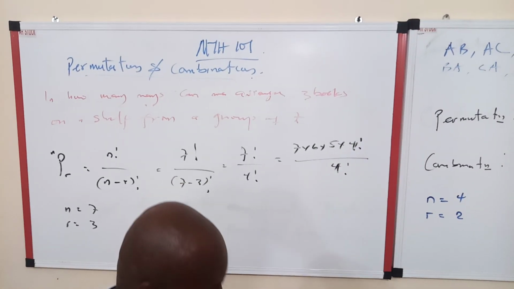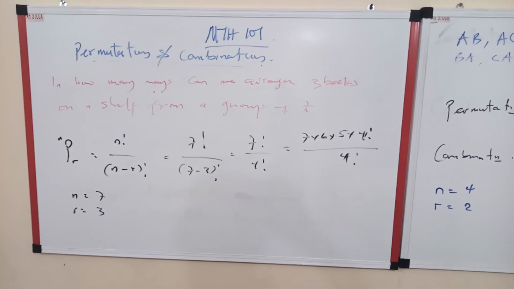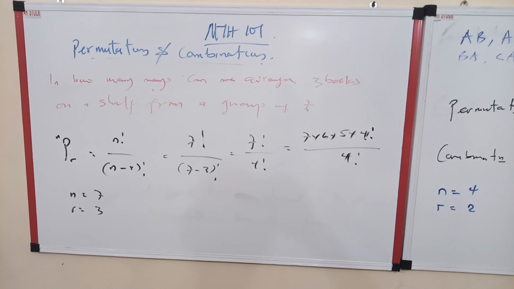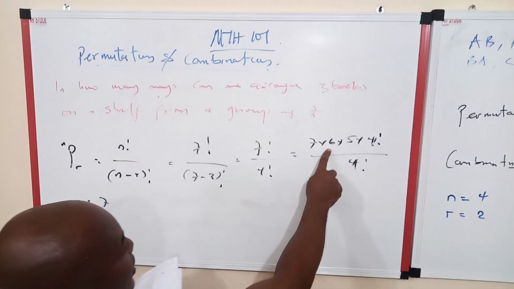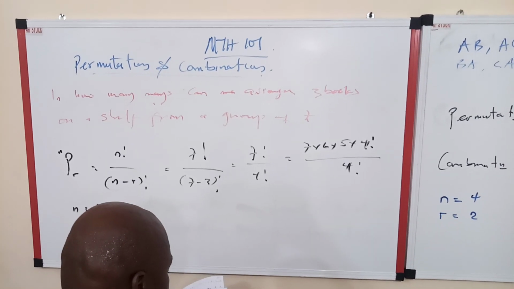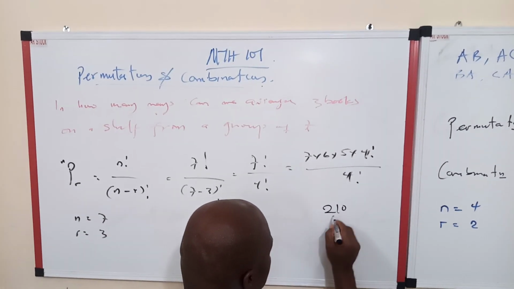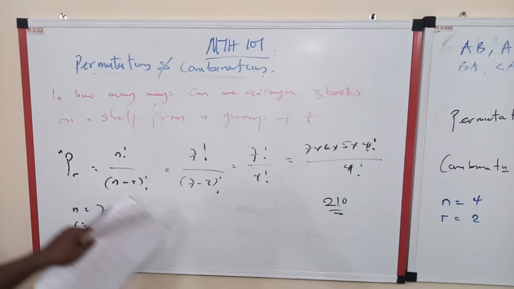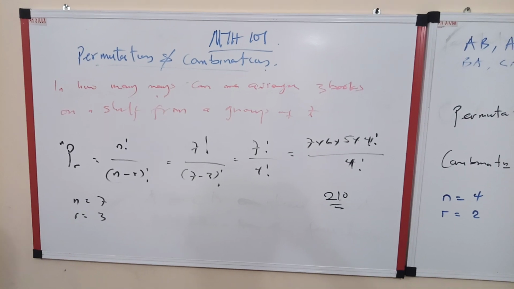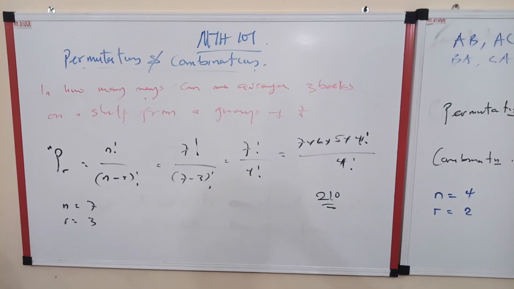The 4 factorial cancels, and we are left with 7 times 6 times 5. 6 times 5 gives us 30, and 30 times 7 is 210. That is what we have.